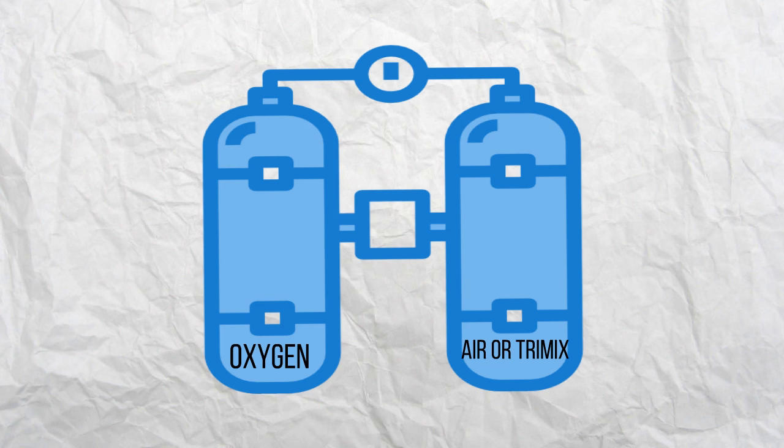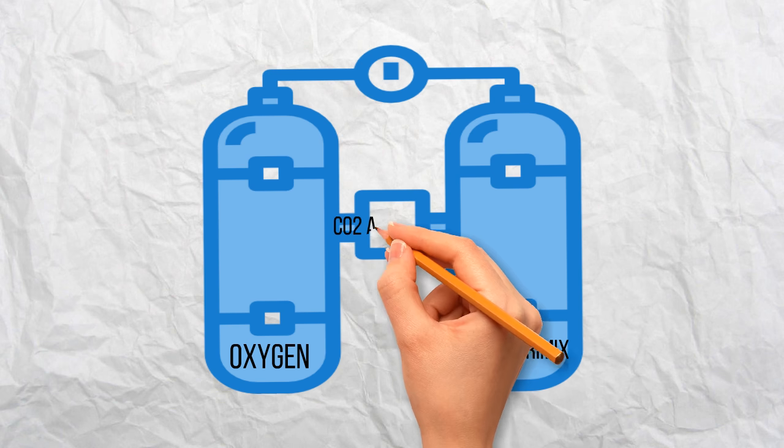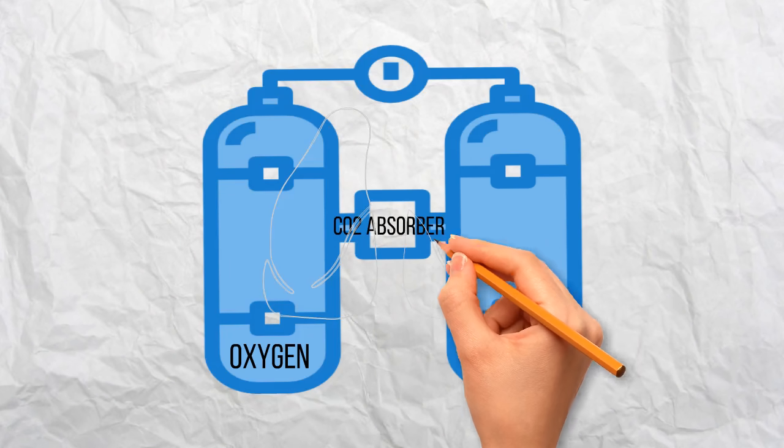So with open circuit, when we exhale, our exhalation goes into the water surrounding us, which is why, of course, when we exhale, we descend slightly, and when we inhale, we ascend slightly. With closed circuit, the air we're exhaling stays within the system, and it passes through a scrubber that removes the CO2 from our exhaled breath, allowing us to then safely rebreathe it.